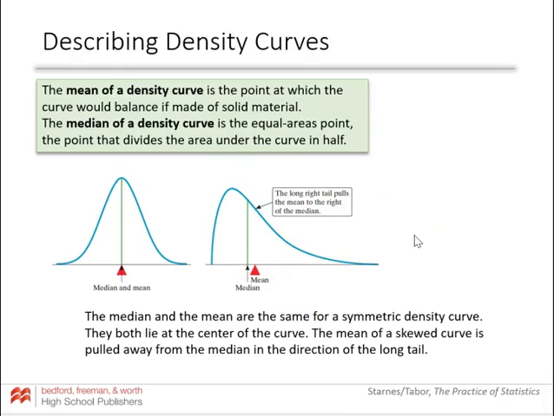And then the median is where the area under the curve is divided in half. Just like we talked about before, if I have a symmetric curve, then my median and my mean are going to be roughly the same. If I have a curve that is skewed to the right, that makes the mean greater than the median, and skewed to the left would do the opposite.